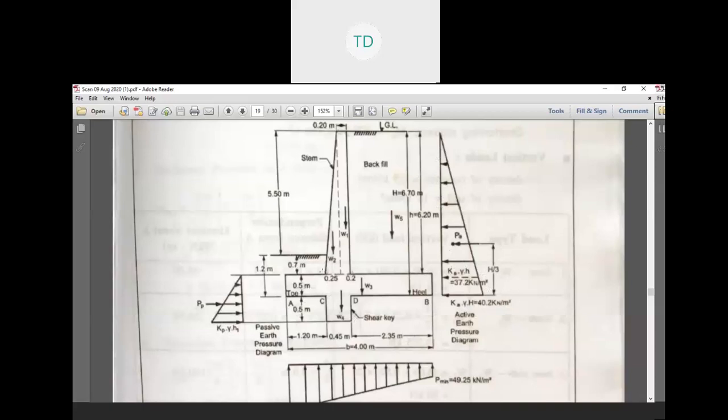That's why in the retaining wall, this portion is taken high. But if we consider the same width on the top, there is only a waste of material.